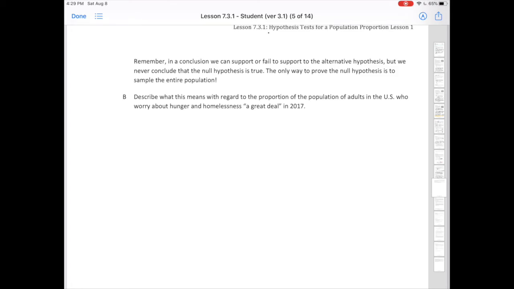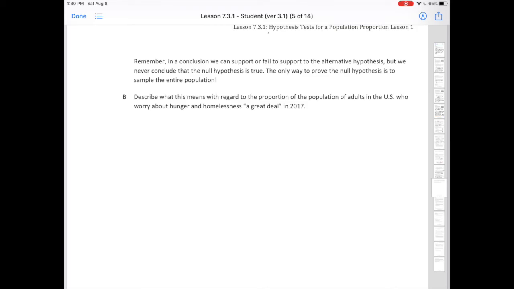Okay, I want you to think about what this would mean. A good analogy for this hypothesis test is the way that our justice system works in America. When the government accuses you of a crime and you have a trial, what they're trying to see is if the evidence is strong enough to say that you're guilty. But if the evidence is not strong enough, they have not proven you innocent, but what they say is that you are not guilty, right?